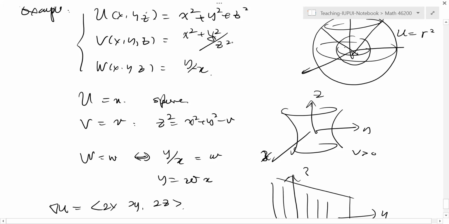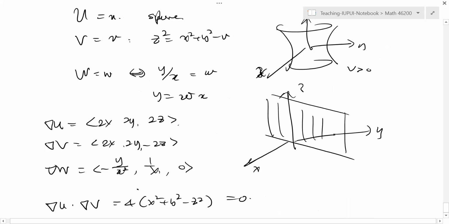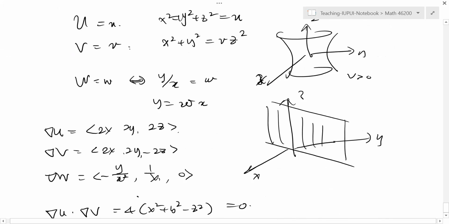So the level surface of V is going to be a family of cones. Now, x squared plus y squared plus z squared equals u, and x squared plus y squared equals v z squared, and y equals w x.